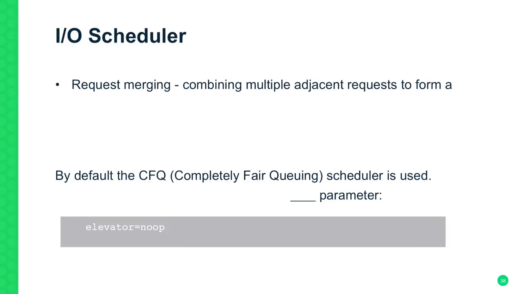To change the default scheduler from CFQ to NOOP, you put this parameter in the configuration file of the bootloader.